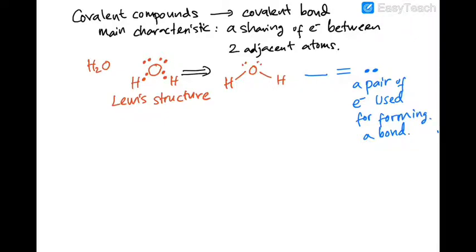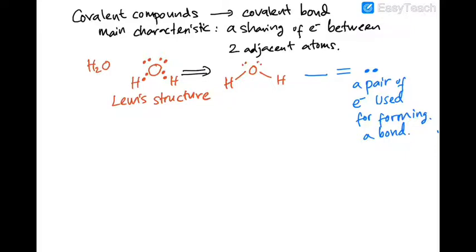Okay? So they share electrons. The hydrogen here and the oxygen over there, they share these 2 electrons to make one bond. And the hydrogen here with the oxygen, they share 2 electrons here to make one bond. So one bond equals a pair of electrons that are used for binding.